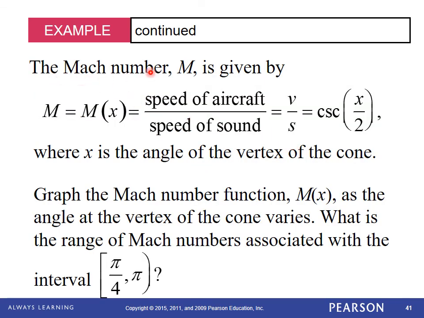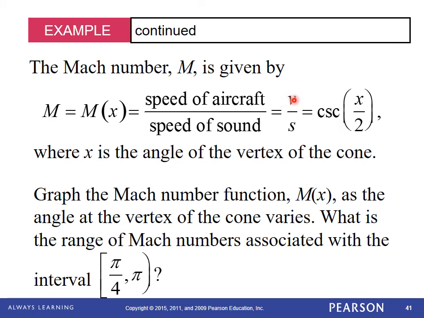So the Mach number, M, is given by this. You're saying he goes Mach 3, or this airplane is going 2.4 Mach. And so what does that mean? It is the speed of the aircraft divided by the speed of sound. What we really have on our hands is that we can just look at the angle measurement divided by 2 and take the cosecant of it, and that also will give you the Mach number.